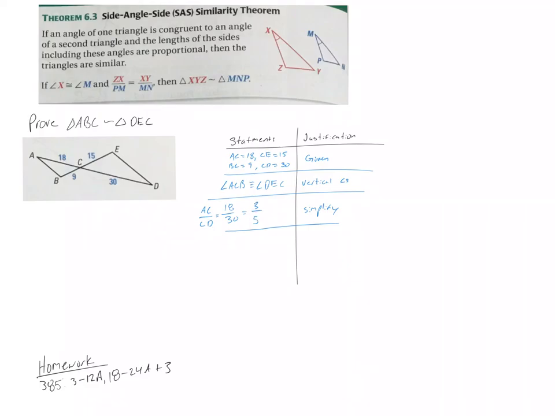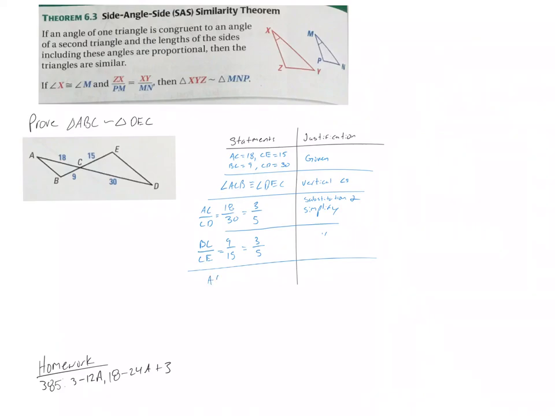So I should probably say substitution. And simplify. And then you do something similar the other side here. BC over CE is going to equal to 9 over 15. Dividing them both by 3, get 3 over 5. Same thing again.